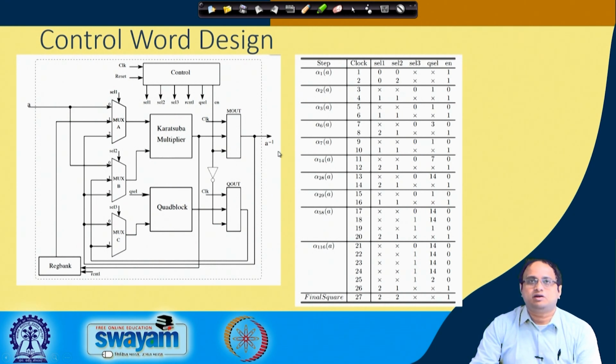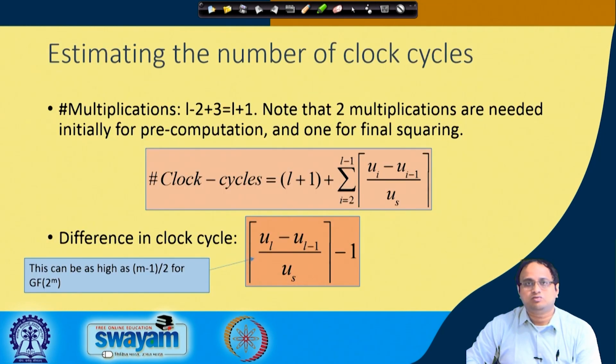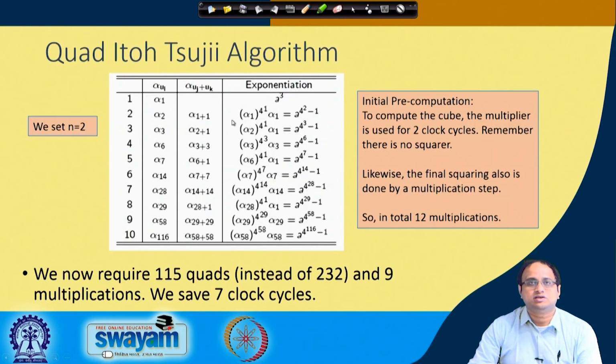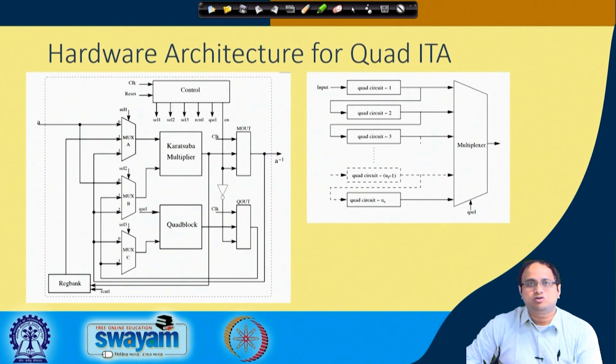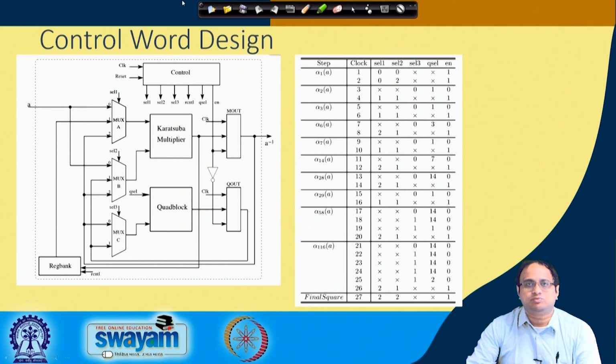If you remember, what we started with was calculating alpha 1, and alpha 1 was initialized to a cube, a to the power of 3. How we can calculate this a to the power of 3 is being elaborated here in terms of the clock cycles. As I said, you are spending 2 clock cycles here, and first I do a multiplication and then I get the corresponding result, which is a square.